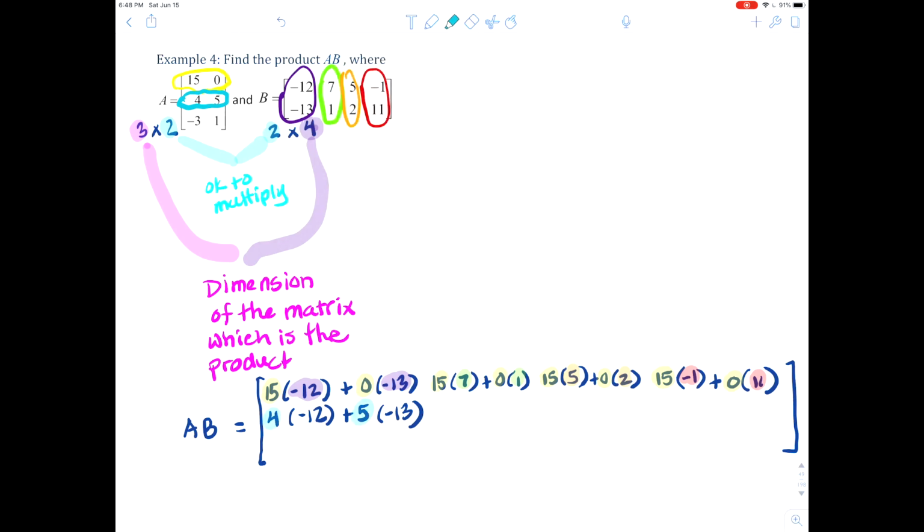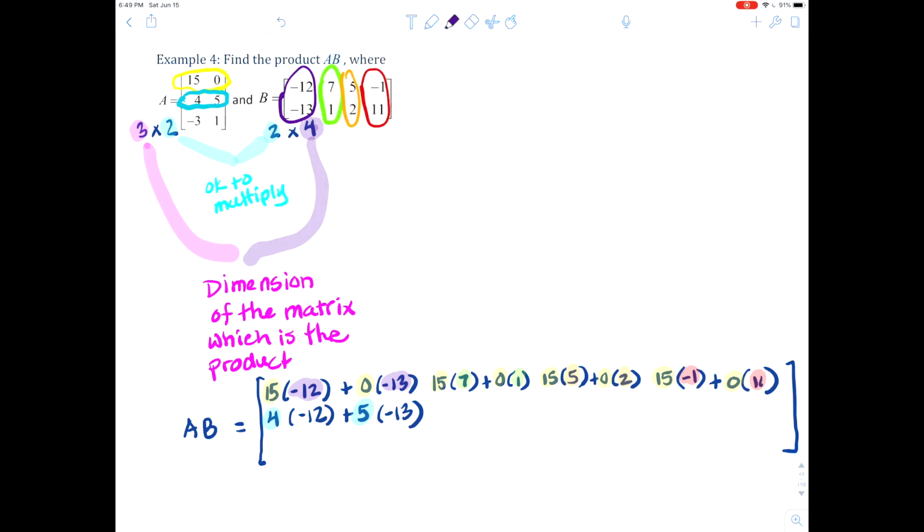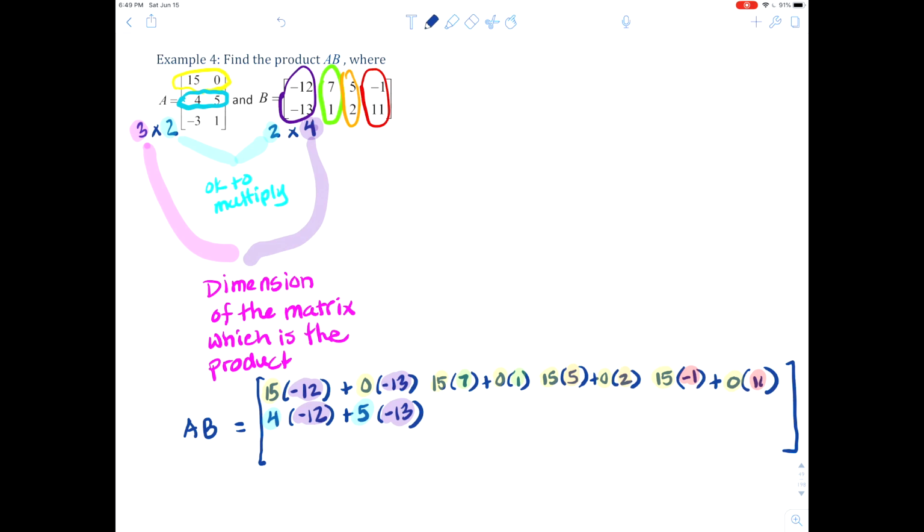So that'll give us, in this one, we have our 4 and our 5 now. And then we used what? This purpley color for this column here. And now we have 4 times 7 plus 5 times 1. Then we'll have 4 times 5 plus 5 times 2.